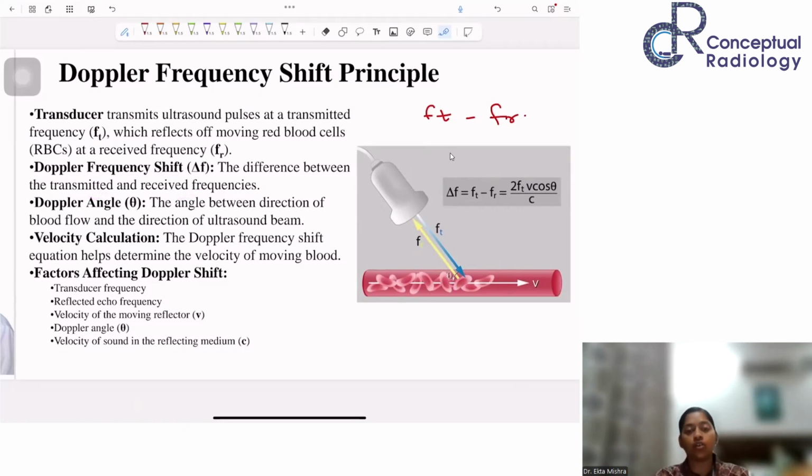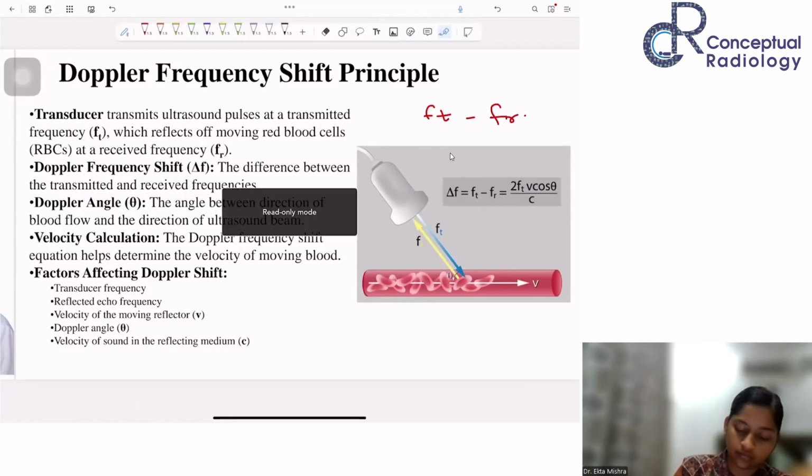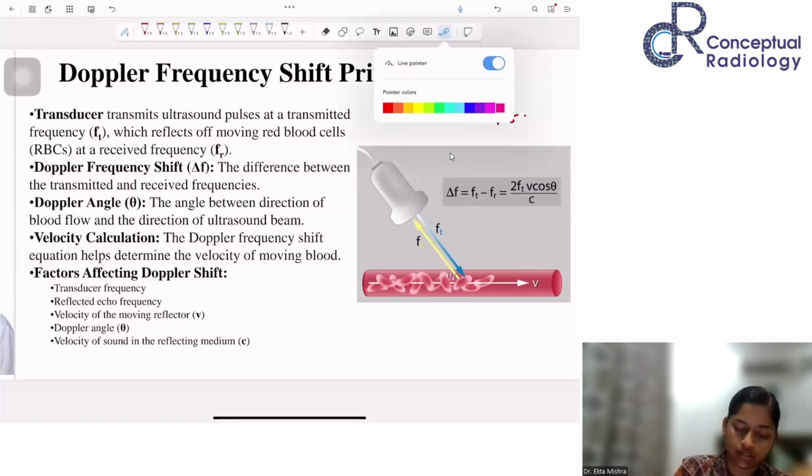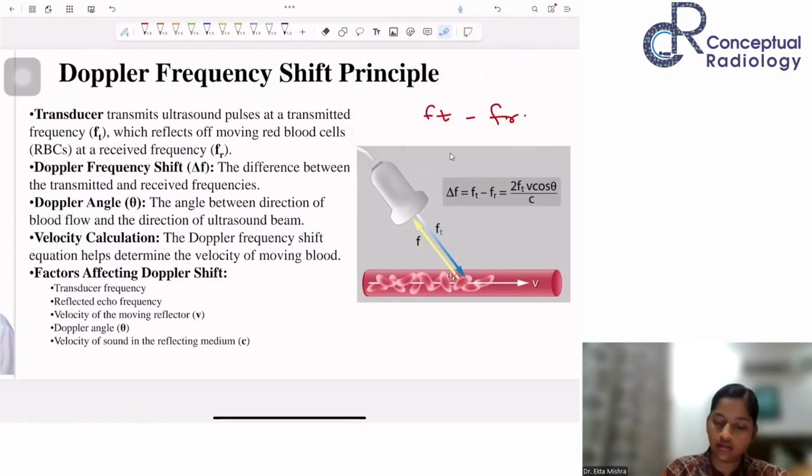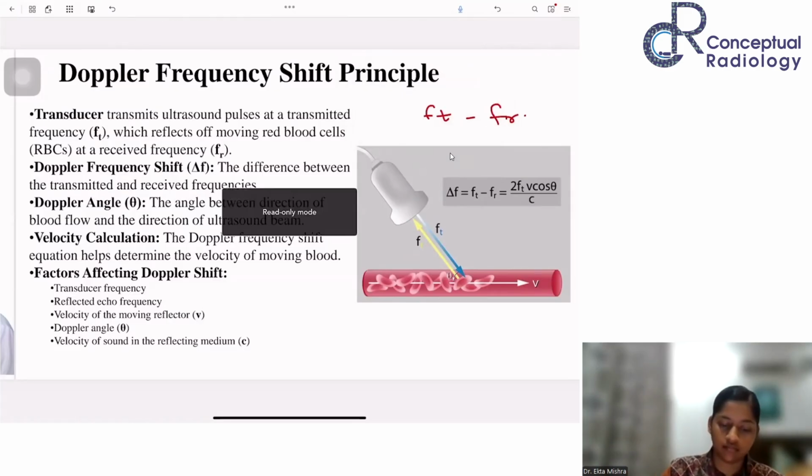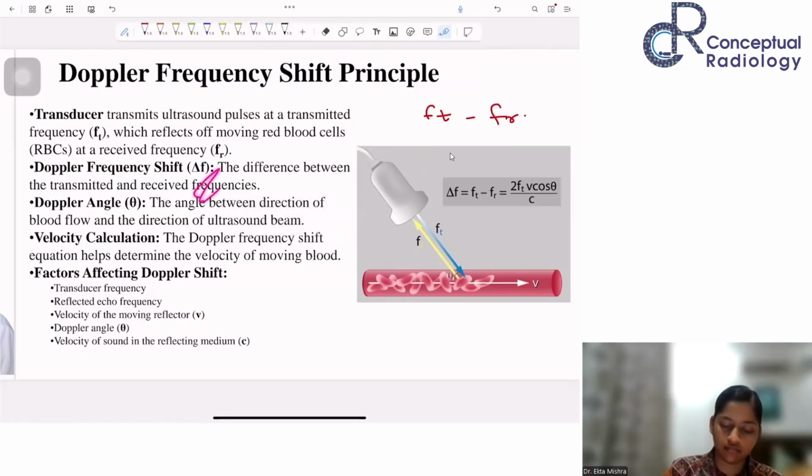A very important concept is regarding the Doppler angle. So this is very important. So Doppler angle is the angle between the direction of the ultrasound beam and the blood flow.